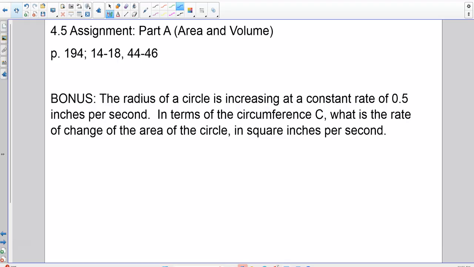We didn't do a cube. We've only done circle context, but a cube is a pretty simple thing to start with. So I think you might can. I think 14 and 15 we're going to be okay. I'm not going to do 16 because the surface area we haven't talked about. The cone we definitely can't do.